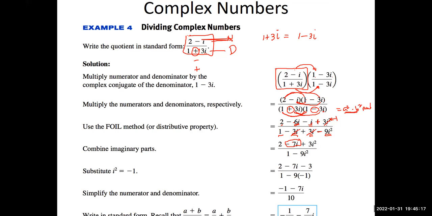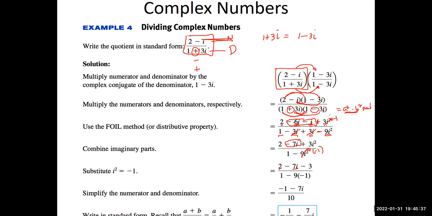Okay, what remains is 1 minus 9i squared. But i squared is -1. Okay? So here we have 2, then 7i. This is our -7i.